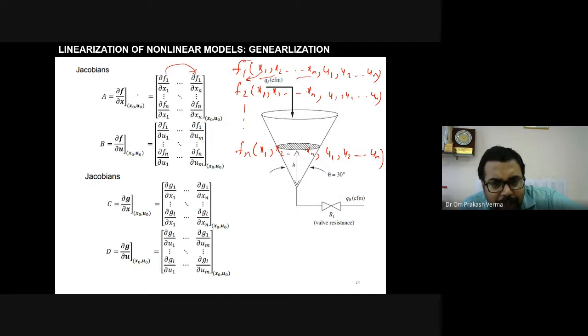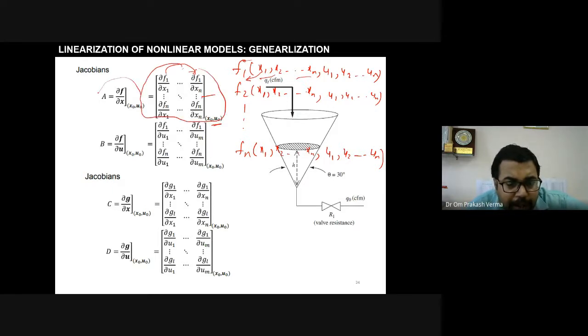In a similar way, for f2 we did del f2 upon del x1, del f2 by del x2, del f2 by del x3, up to del f2 by del xn. Similarly for fn: del fn upon del x1, del fn by del x2, up to del fn upon del xn, near about x0. So this is the A matrix.